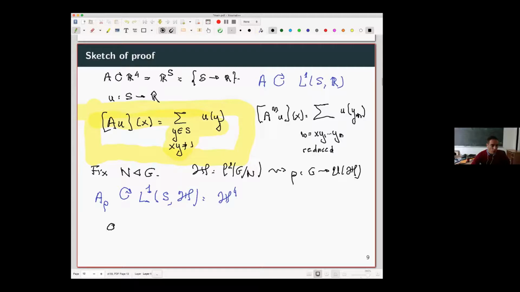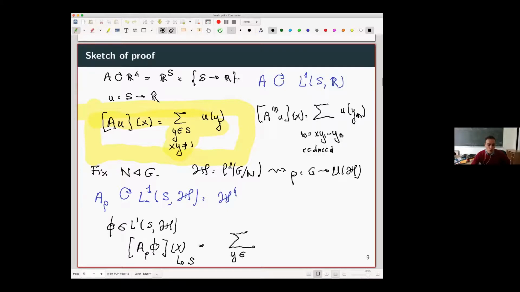I take phi in that space L1 of S, H. Remember that's a function from S to the Hilbert space H. So if I apply A rho to phi, that's a function from S to H. I want to compute the value of this function at a generator x in S. Basically, I just copy the same formula as previously.